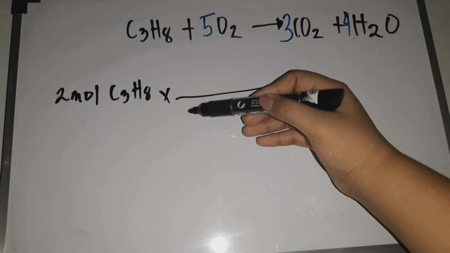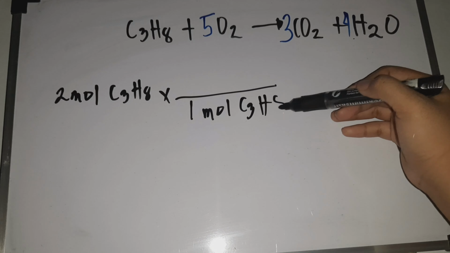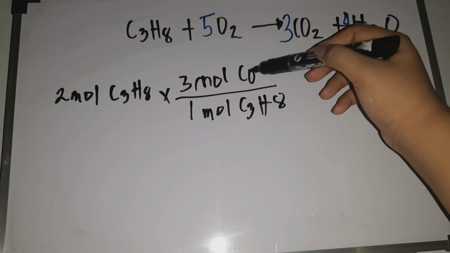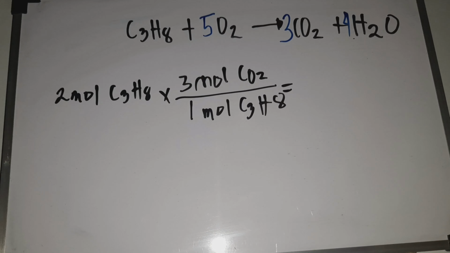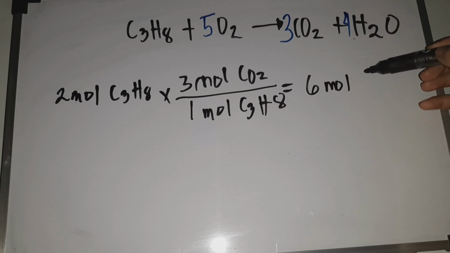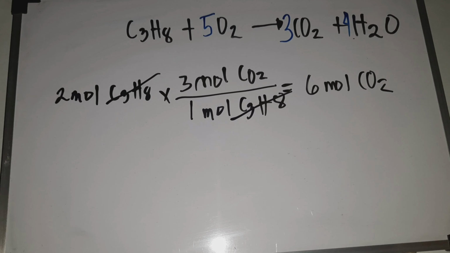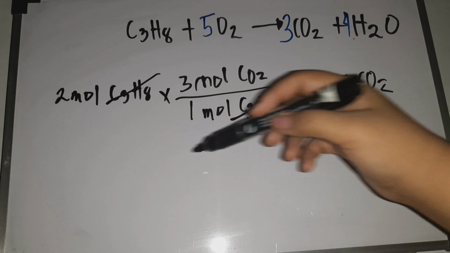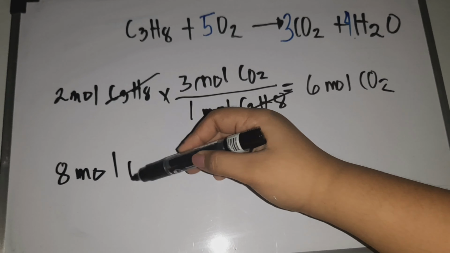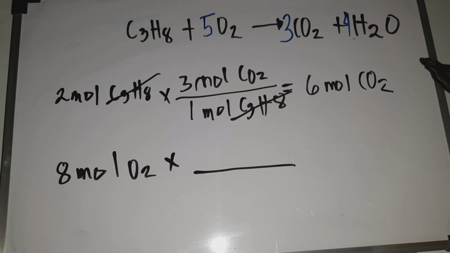In every 1 mole of C3H8, we have 3 mole of carbon dioxide. That will be 2 times 3 divided by 1, which is 6 mole of carbon dioxide, because we cancel the propane. Now let's solve for the oxygen. Oxygen is 8 mole according to the given. Multiply by the ratio of oxygen to carbon dioxide.